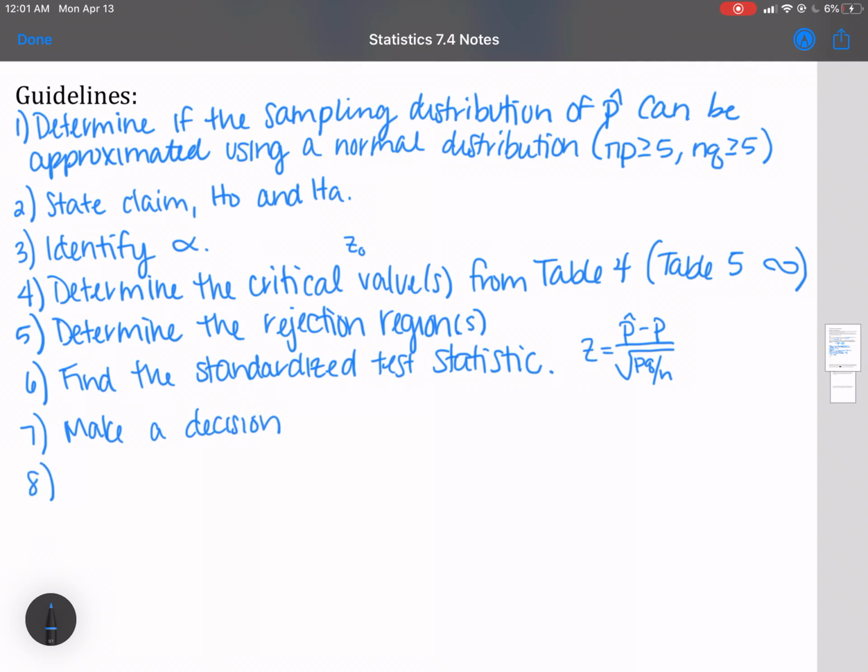And then we will interpret the decision in terms of the original claim.